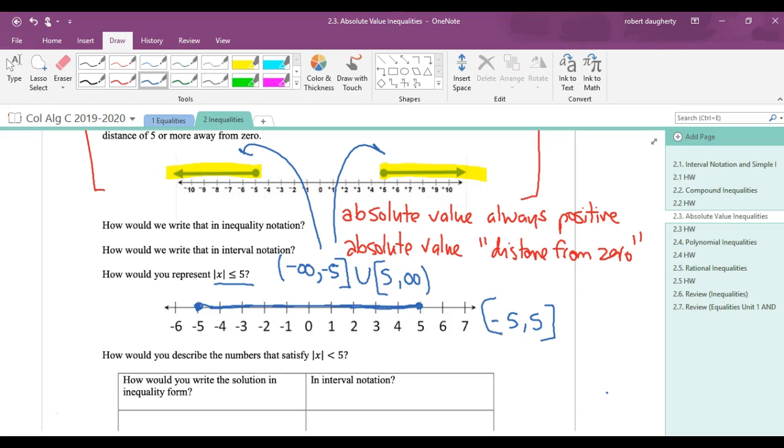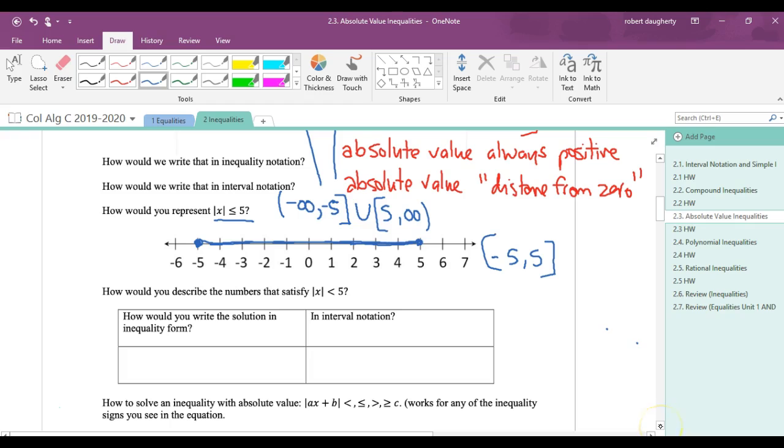Now, how would that differ if I had the problem that you see here? All the numbers at the absolute value of x is less than 5. So draw a number line. These are numbers whose distance is strictly less than 5 units away. So if this is 0, 5, and -5, what kind of circle goes on 5?